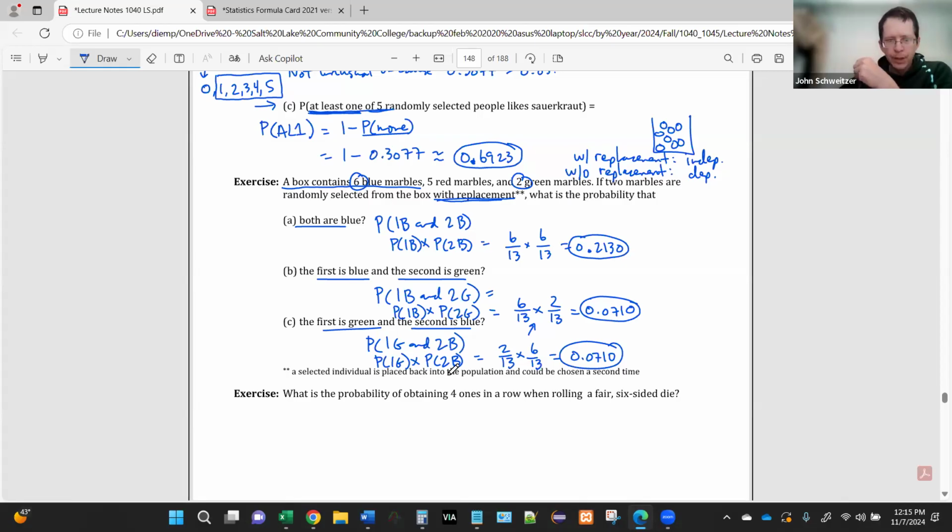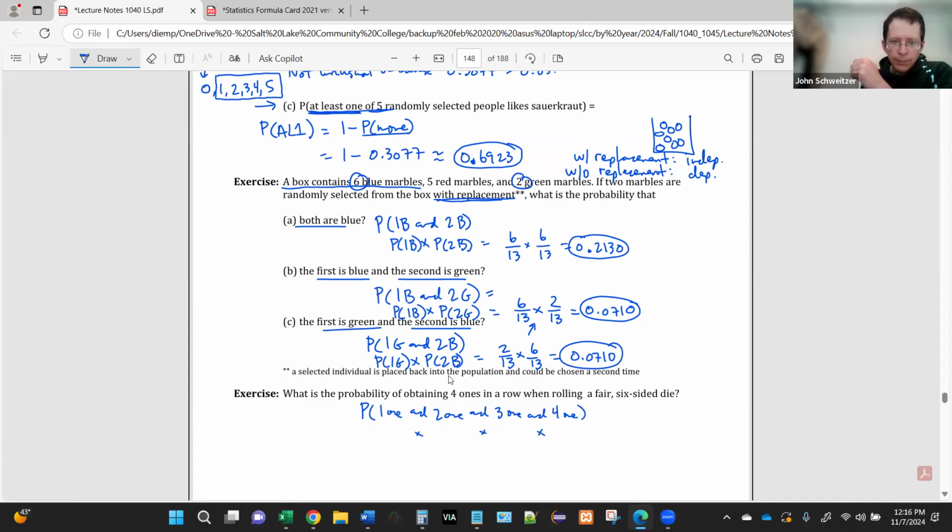How likely is that? Well, if they're all ones, you're going to do it 4 times. So the first is a 1, and the second is a 1, and the third is a 1, and the fourth is a 1. So that's multiplication, right?